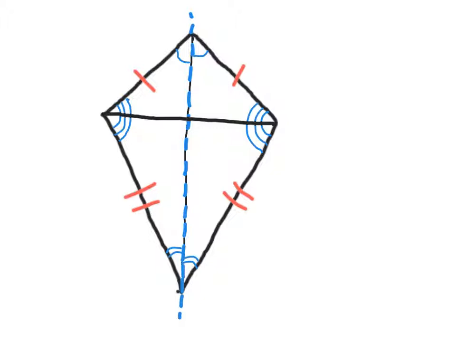Looking at the top here, what type of triangle is that on top? Isosceles. And so my base angles would be congruent. My two sides here are congruent. But notice that I have this segment drawn from the vertex angle, and it happens to be an angle bisector, right?